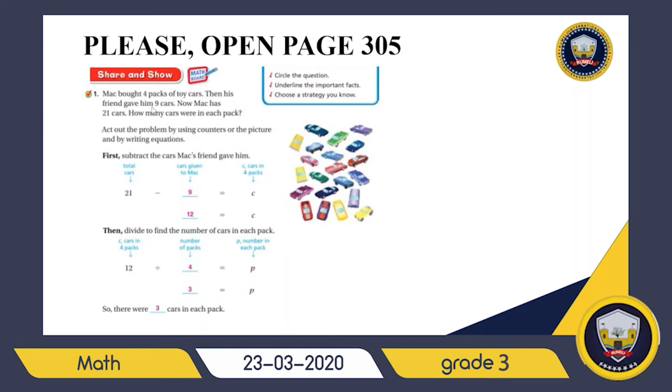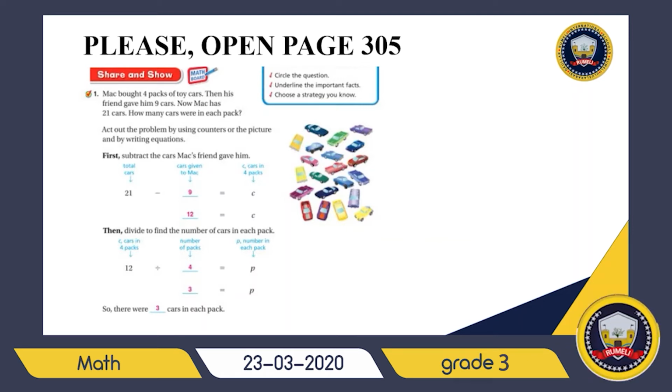After his friend gave him 9 cars, he has 21 cars in total. How many cars were given to Mac? 9 cars. If I do subtraction, I'll get 12. So it means before his friend gave him 9 cars, Mac has 12 cars, right?